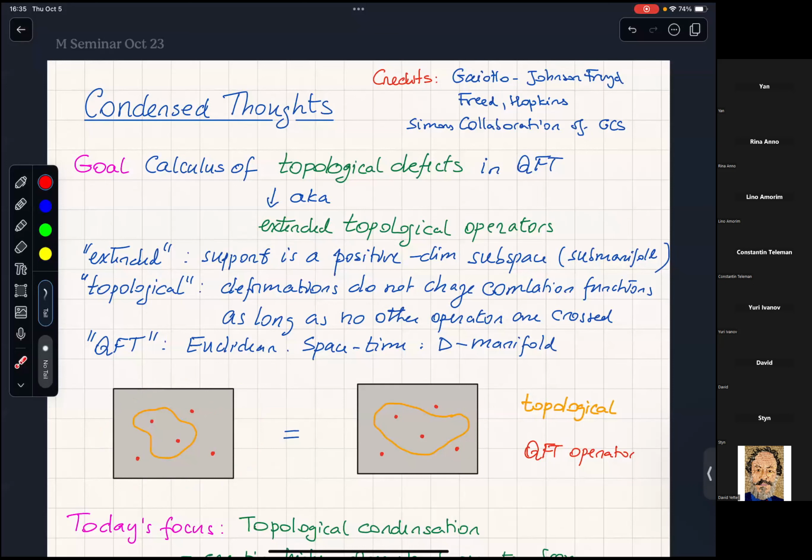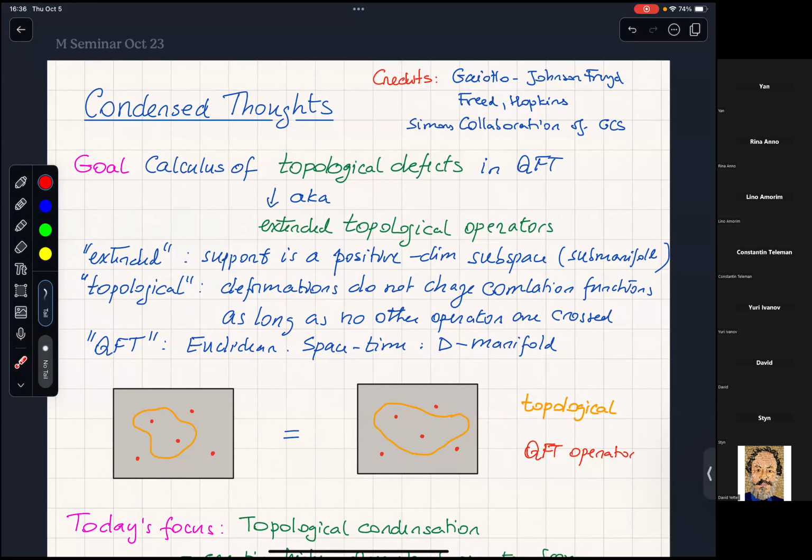Whereas extended operators, which I've been studying more recently, have operator support necessarily on a higher dimensional subspace, often a submanifold, and are not, at least not obviously, built from little pieces. In fact, condensation is exactly about the question of when and whether operators like this can be built from small localized pieces.